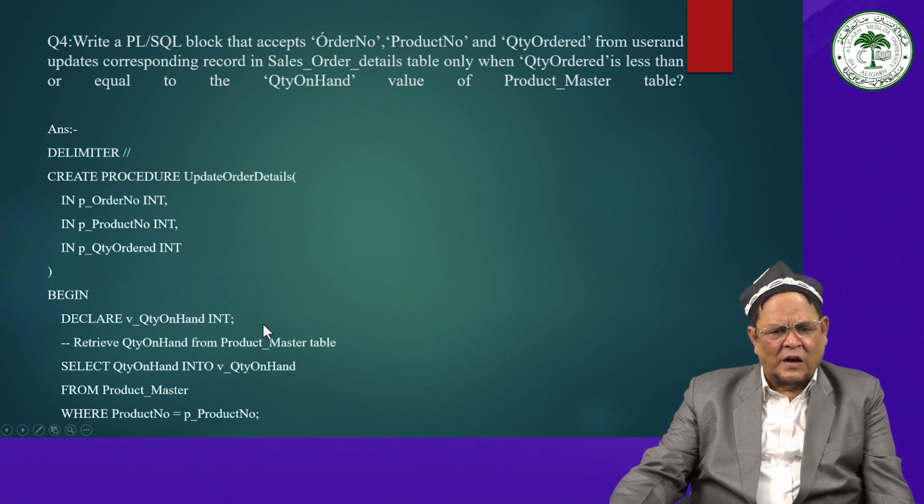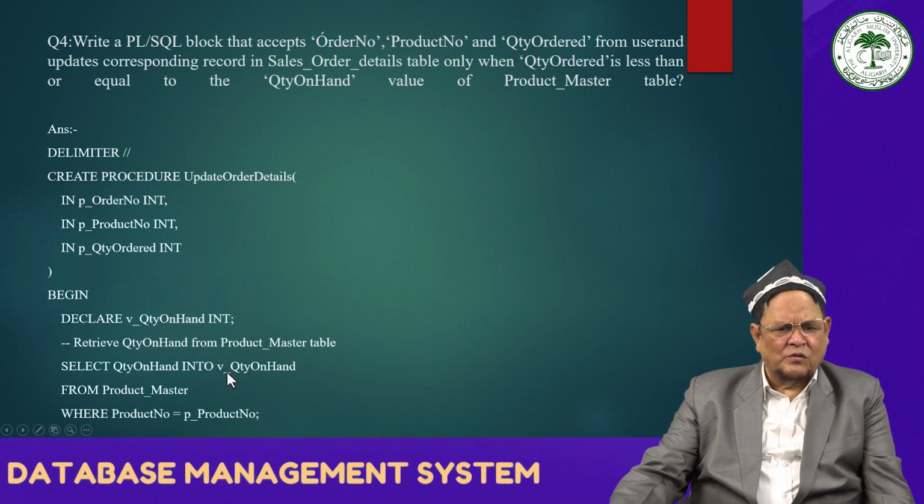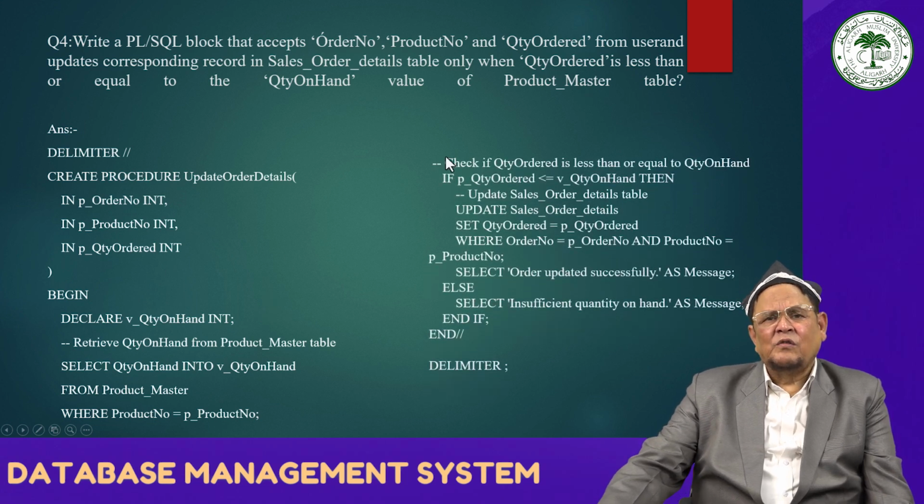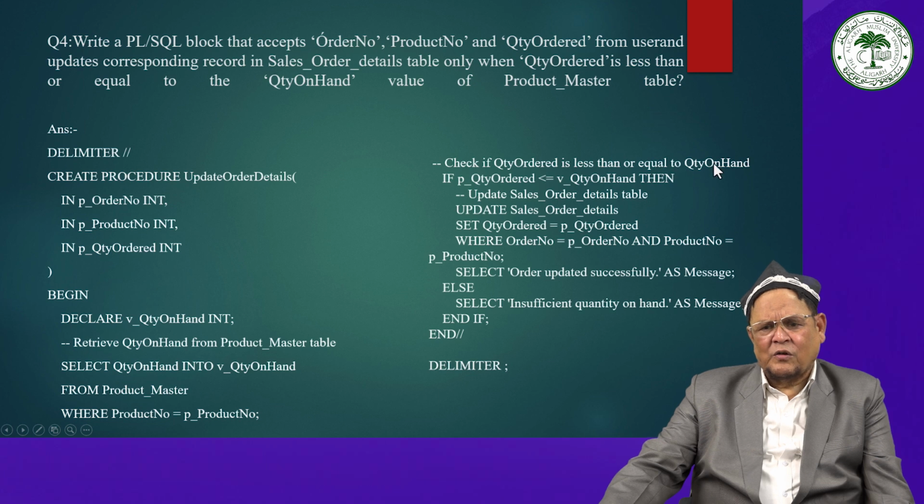v_quantity_on_hand integer, to receive the quantity on hand from the product master. So you have to write select quantity_on_hand into v_quantity_on_hand from product_master where product_number is equal to p_product_number. Then you have to check if the order quantity is less than or equal to the quantity on hand.